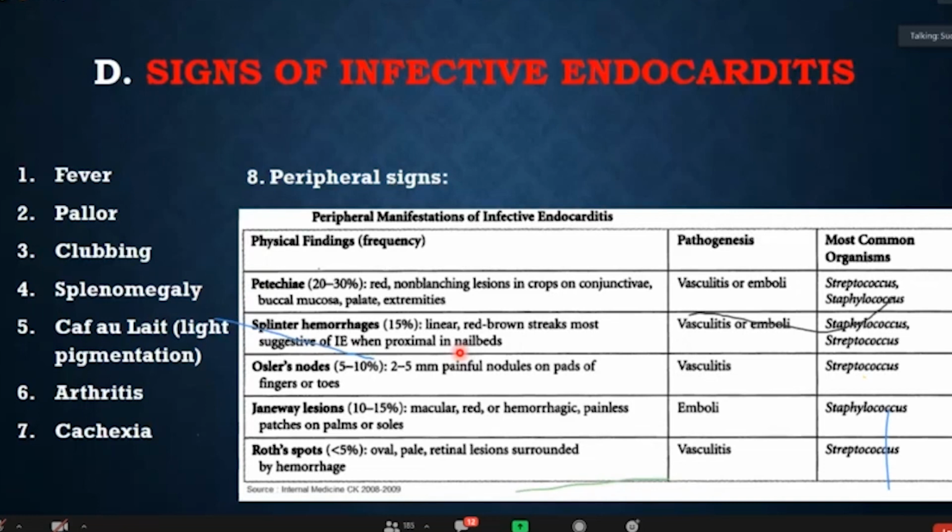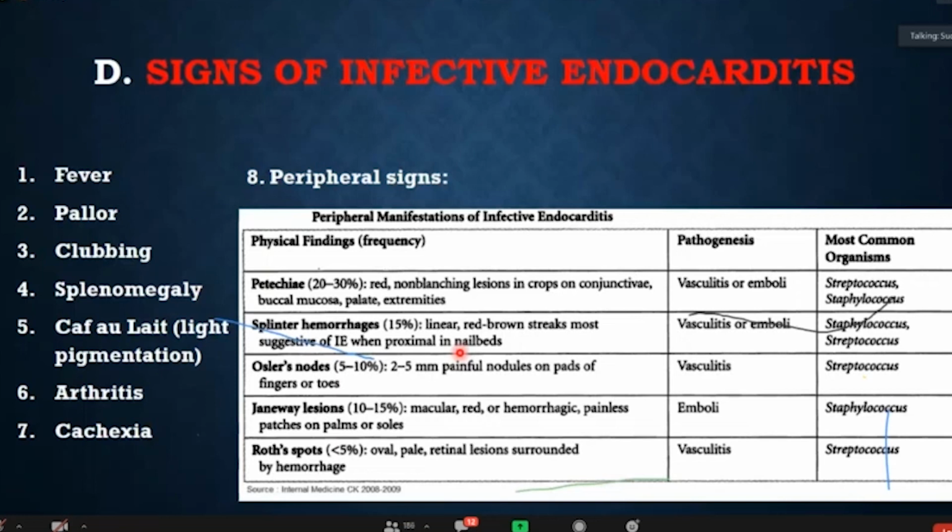And what are Janeway lesions? They are painless and usually found on the palms and soles. You have to look carefully in all endocarditis cases at the under surface of the foot. I have missed many cases of Janeway lesions because we have not examined the under surface of the foot. So you can get painless lesions on the palms and the soles, Janeway lesions. They are usually embolic and not immunologic.